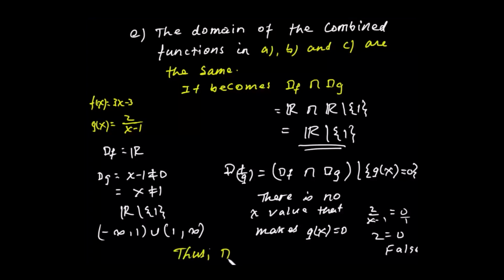Thus the domain of f over g is equal to the domain of f intersection the domain of g, which is R without 1. This means all real numbers without 1.